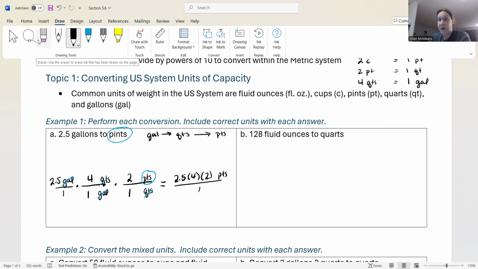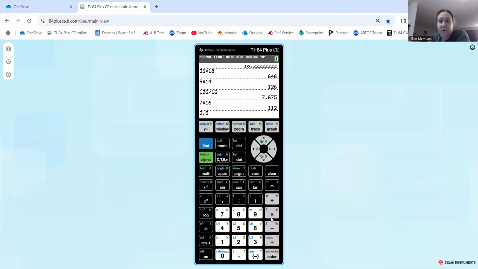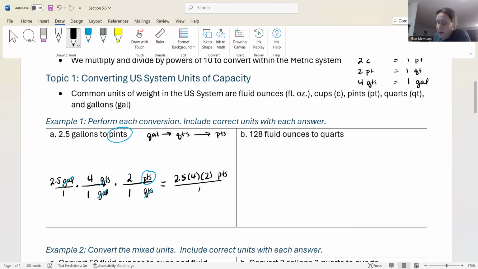Okay, my side work being what is 2.5 times 4 times 2. Oh goodness, do I have my calculator? I think that might be it. Yes. Okay, so we have 2.5 times 4 times 2. That we could probably have done in our head or on the side, but let's use the calculator. It's late. So we get 20. Okay, so our final answer here is that 2.5 gallons is equal to 20 pints.